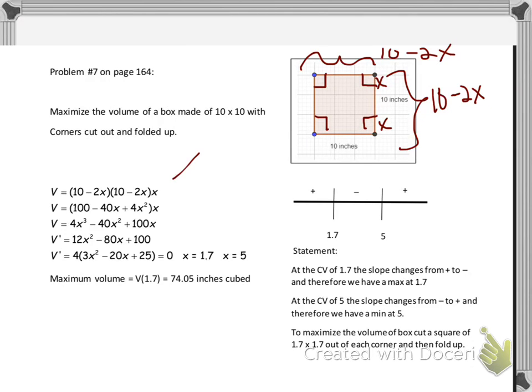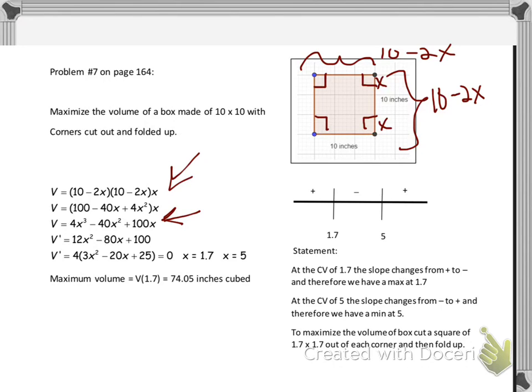So here is my volume expression. When I multiply it all out, I get a cubic, which makes perfect sense because we're talking about volume. Volume is a cubic measurement. So I want to maximize the volume, so I'm going to do an optimization. Take your first derivative and set it equal to 0.